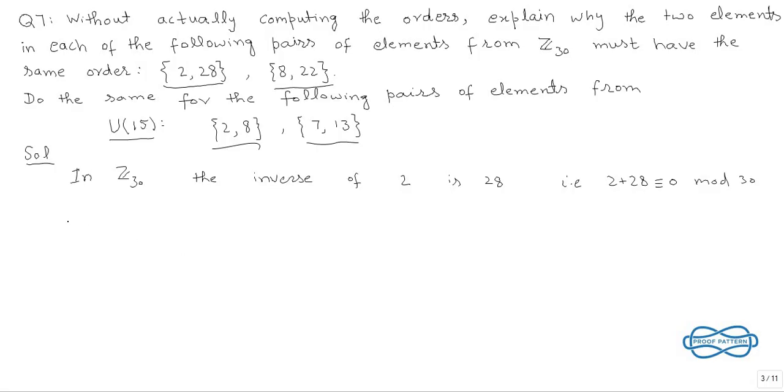We know that an element and its inverse have the same order. So this means the order of 2 is equal to the order of 28.